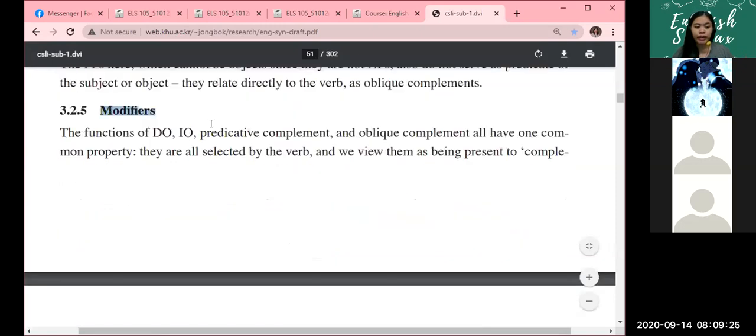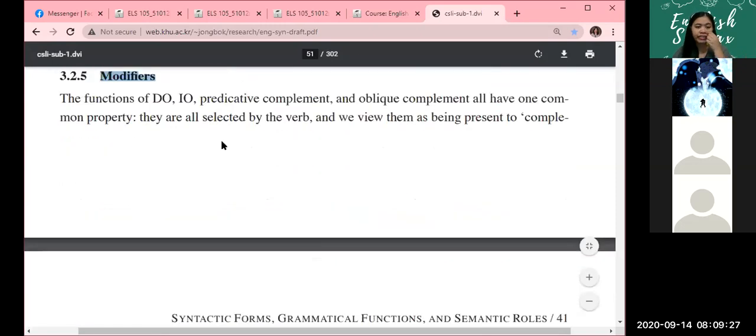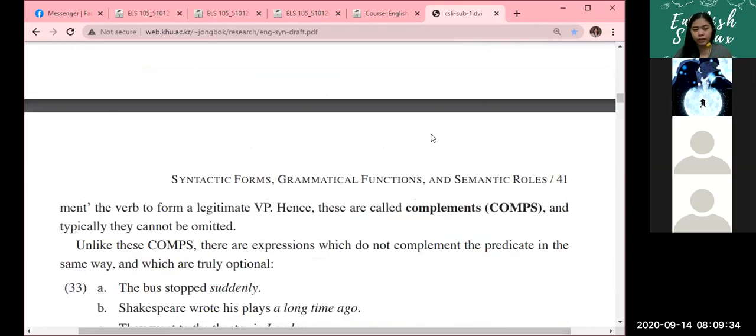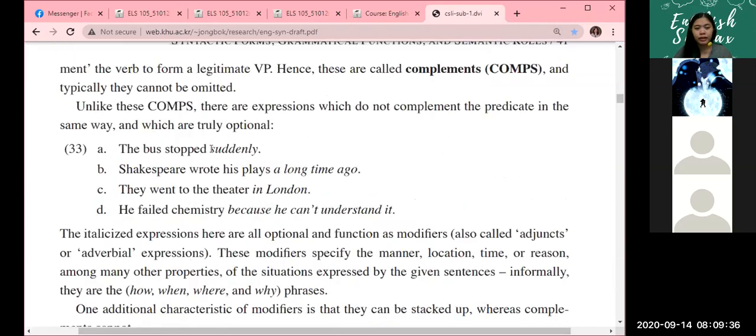We also have modifier. So the modifier functions as a modifier for the IODO, predicative complement, and oblique complement. So for example, what are usually complements? These are adverbs, these are sentences, this phrase rather.